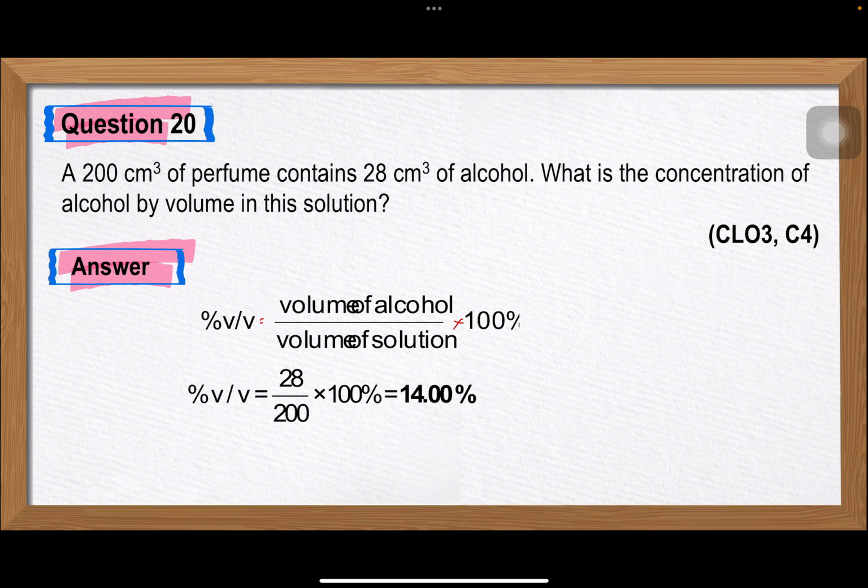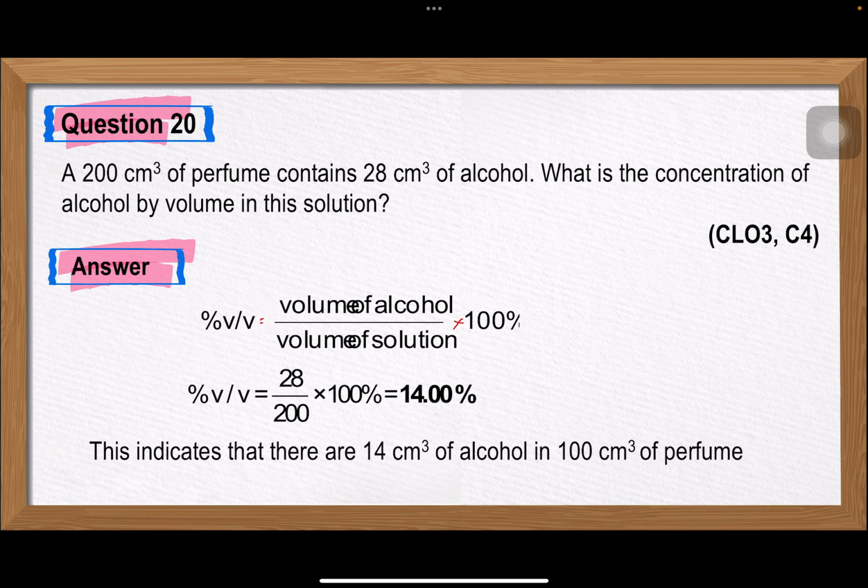So the answer is 14%. This indicates that there is 14 cm3 of alcohol in 100 cm3 of perfume. This is the information we can get from percentage by volume.